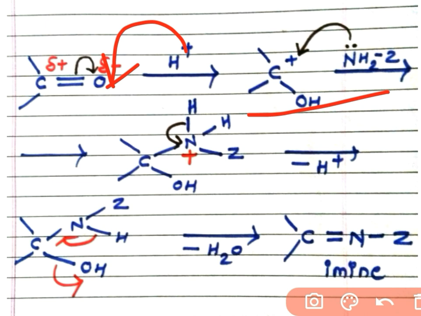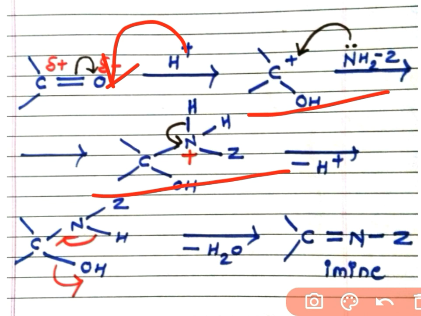Next, addition of ammonia derivative. The valence electron of this nitrogen attacks this positive center and forms this type of species. So here nitrogen becomes tetravalent. What is the valency of nitrogen? Valency of nitrogen is 3. So here nitrogen becomes tetravalent.